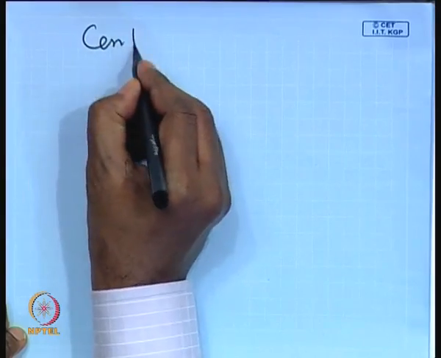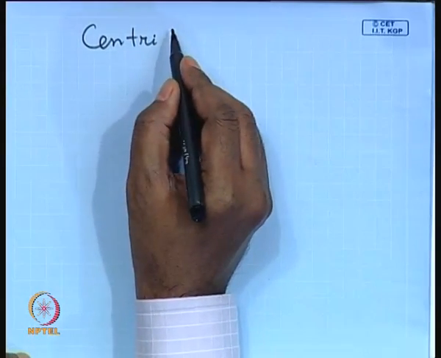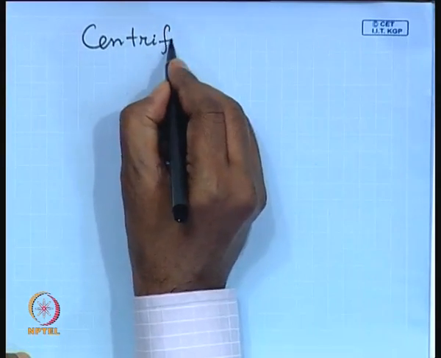So, heavier particles will be pushed more towards the wall. If you have a slurry of heavier and lighter materials, the heavier particles will be pushed towards the walls and can be separated out from the wall.